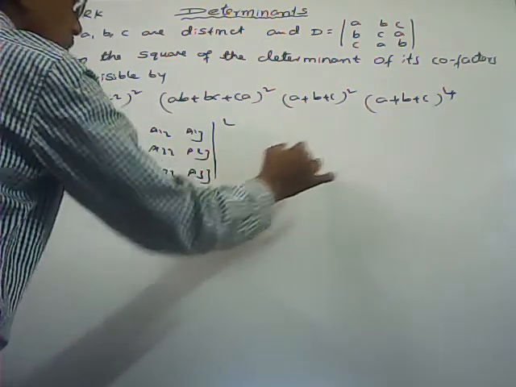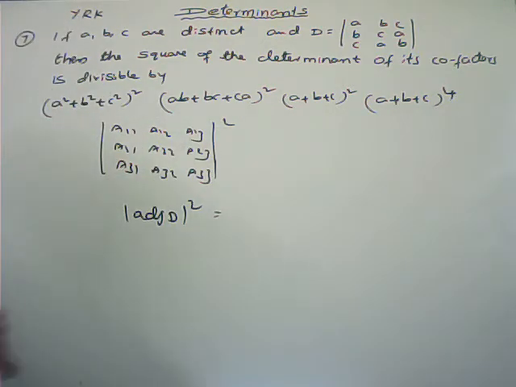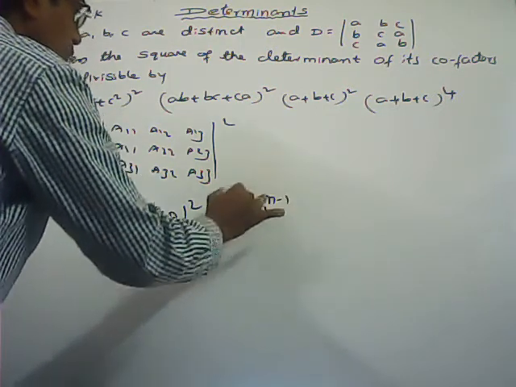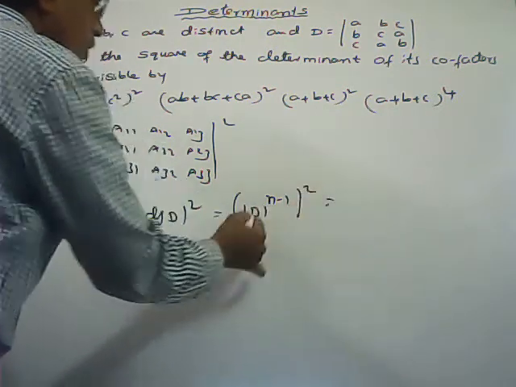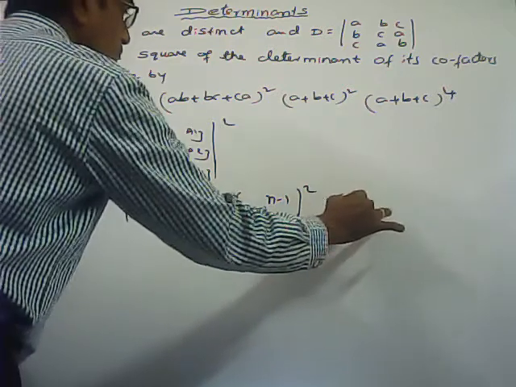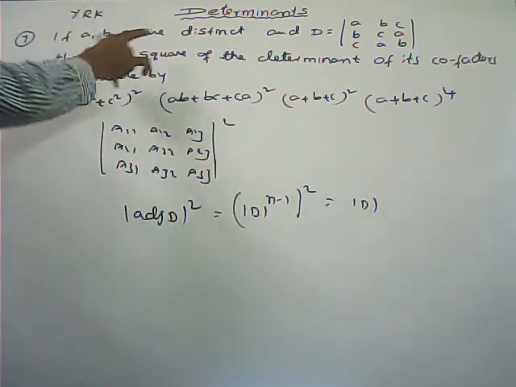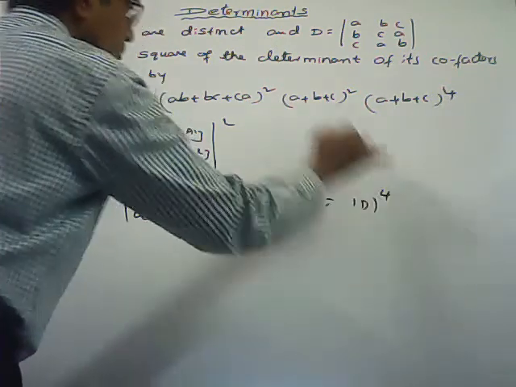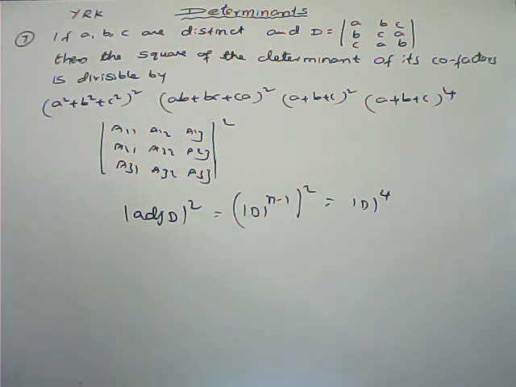Det of adjoint of A equals det A whole power n minus 1. Here, det D whole power n minus 1 whole square is there. What is the order of the square matrix? 3 by 3. 3 minus 1 is 2, square is 4. What is the determinant of D?